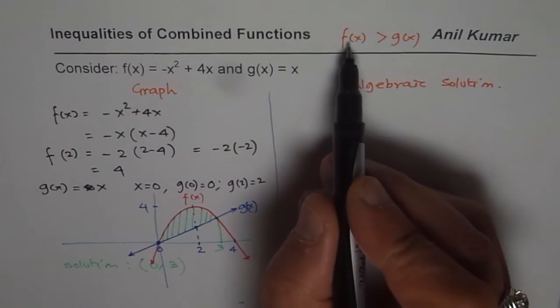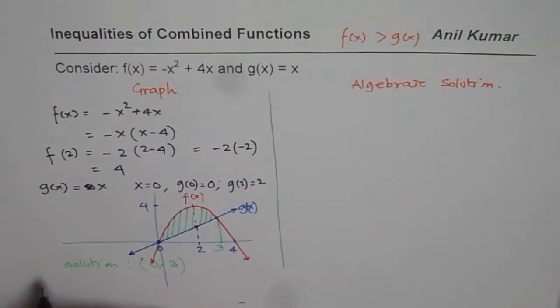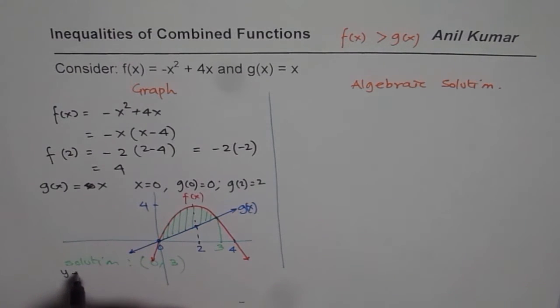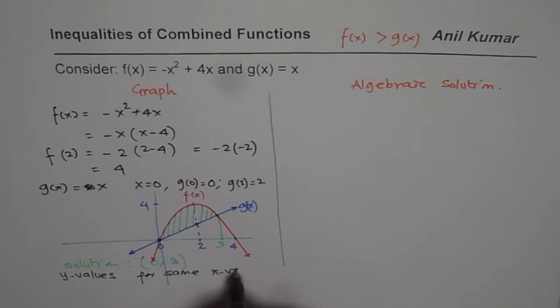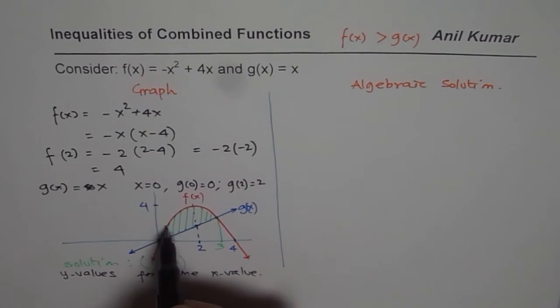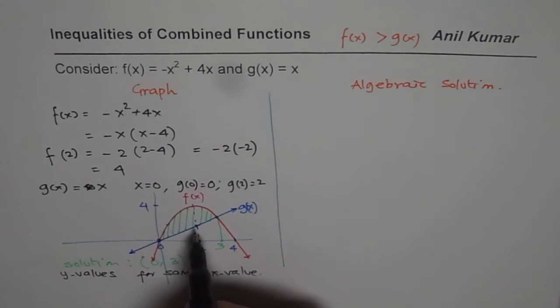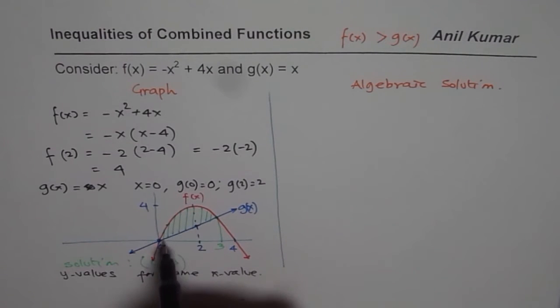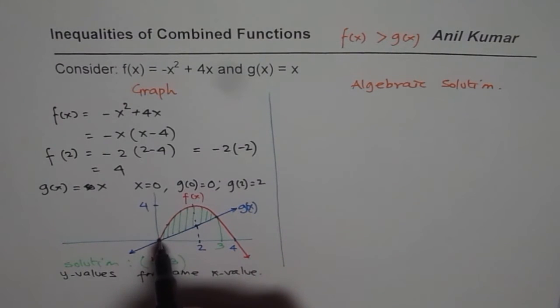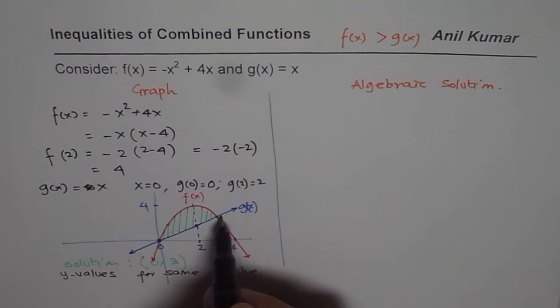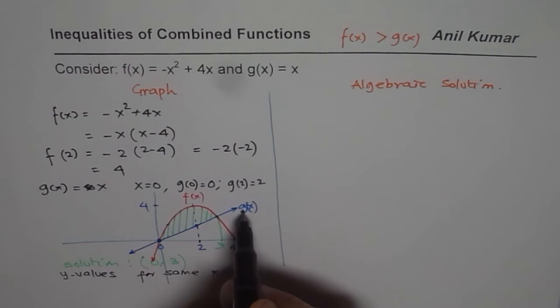When you're solving for f of x greater than g of x, you are actually comparing y values for the same x value. If the y value is higher, then the function has a greater value at that point. So here you can see between 0 and 3, y values of the function f of x are more than the value of the linear function g of x.